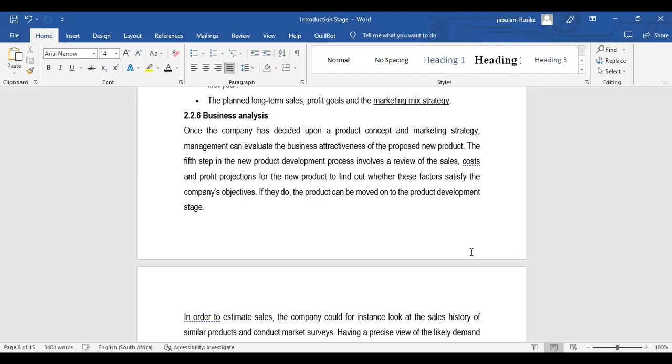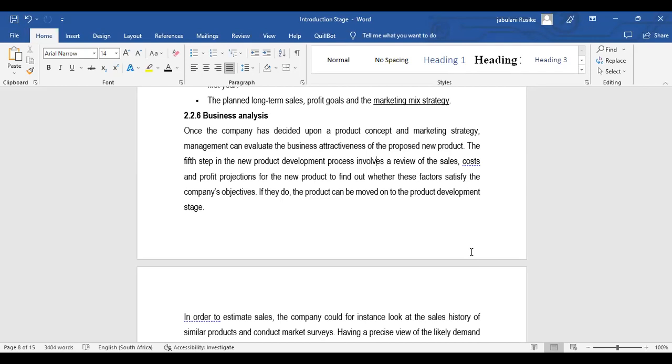So you should conduct a business analysis in terms of doing cost projections and sales projections: how much it is to produce the product, deliver it to the market, and pay the salaries, and all those things. You project your sales, you project your revenue.